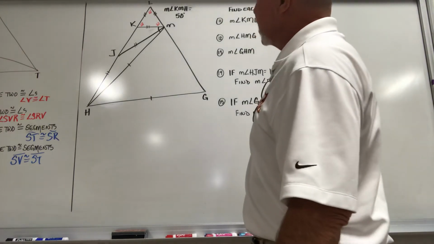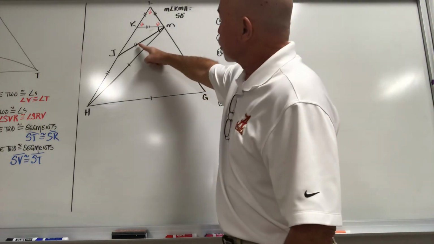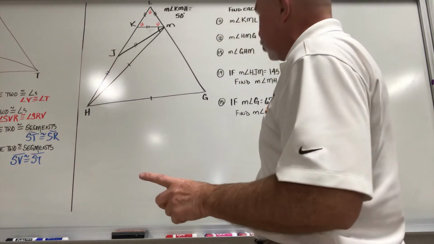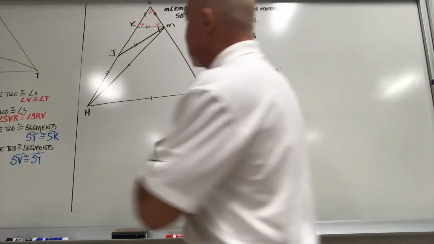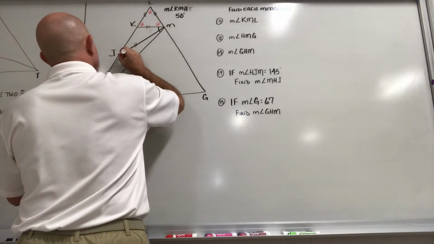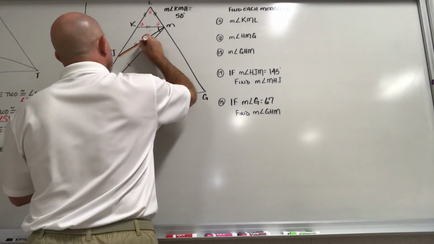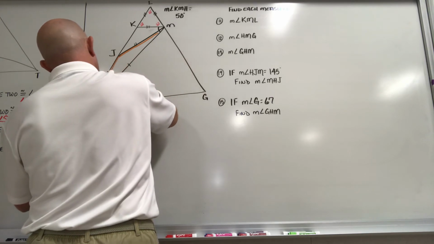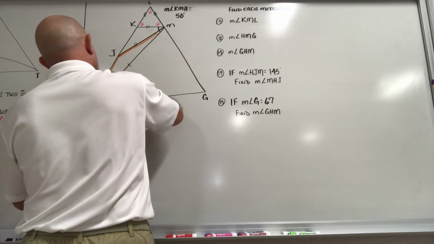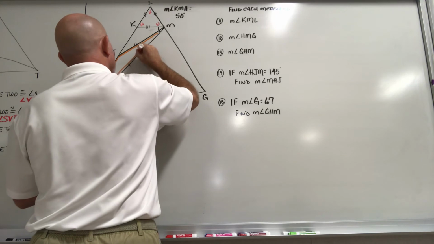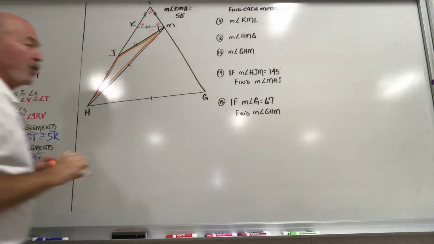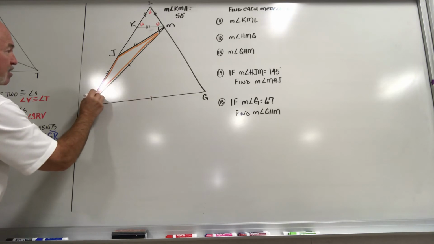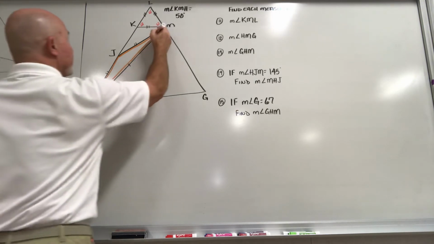Okay, next thing. JM and JH are equal to each other. That's an isosceles triangle. We'll need that in a bit, because those sides being equal tell us that these angles are going to be equal.